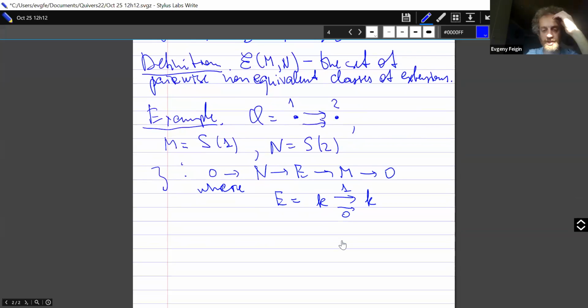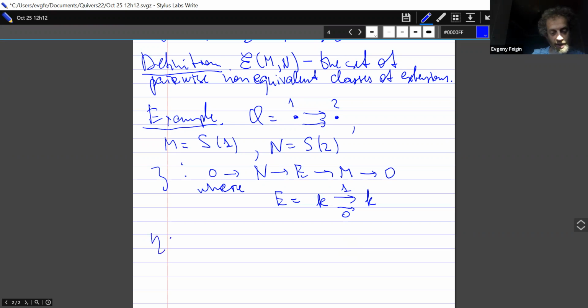So E is two-dimensional with one-dimensional spaces at each vertex. There is a sub-representation of this E isomorphic to S2, clearly, and the quotient is isomorphic to S of 1. So this is psi.